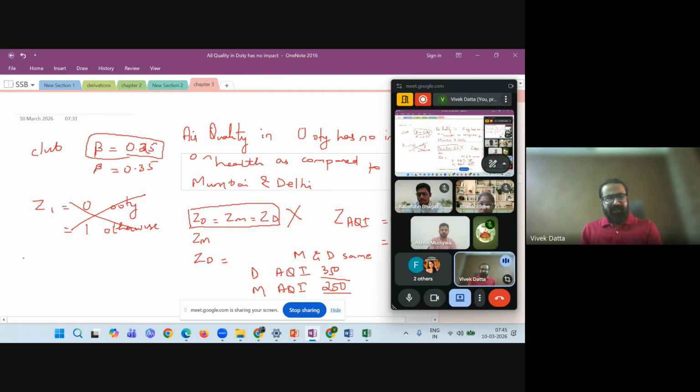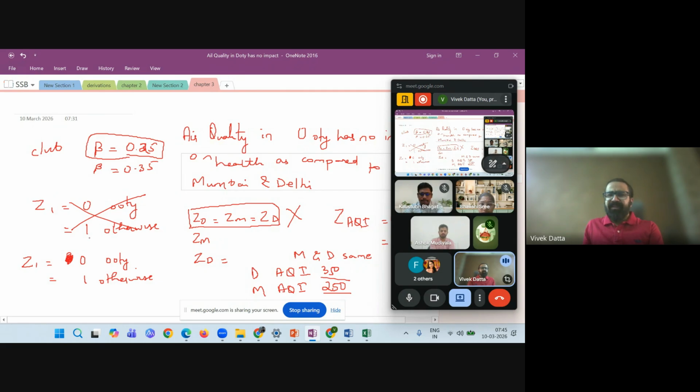I will say my Z1 is equal to 0 for Ooty in this example, 1 otherwise. This will include Mumbai and Delhi. This is something that will never happen, because here I'm giving both the rating as 1 to Mumbai and Delhi.